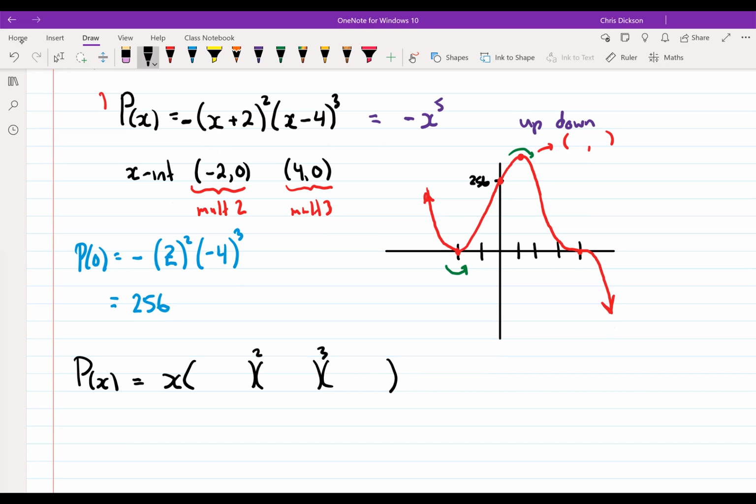Okay, so I'm just going to make a note of the equation I wrote above, which was negative x plus 2 squared, x minus 4 to the 3rd power. So now what I would do is stop sharing that screen, and then we'll share Desmos. Where's Desmos? There we go.